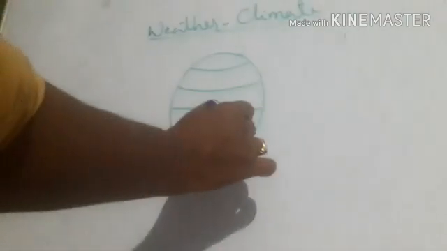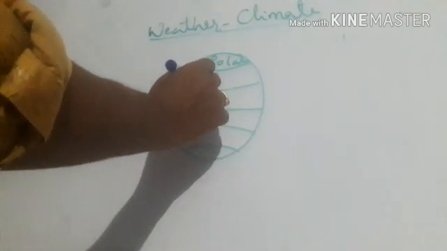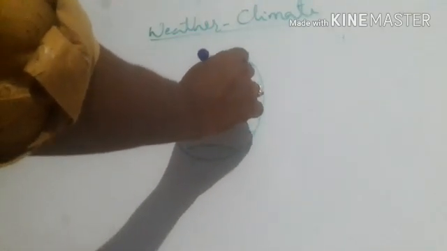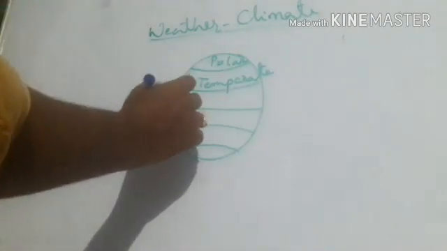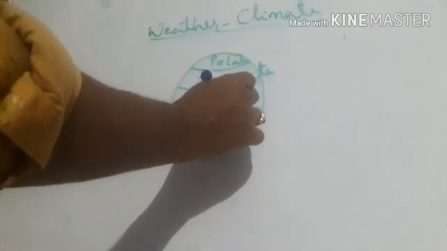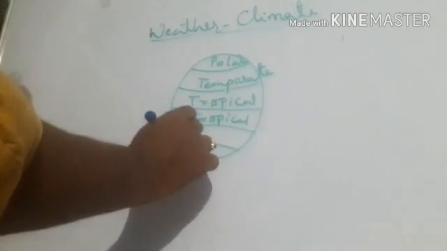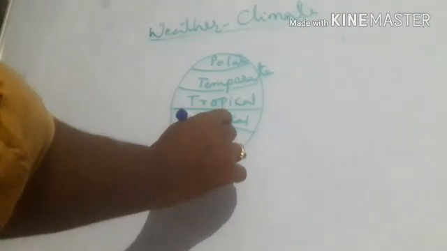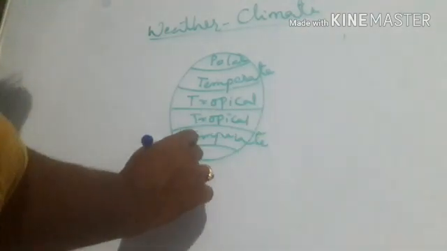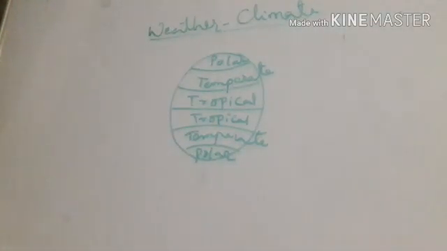First one is the polar region, next the temperate region, and next the tropical region, and again the same: tropical, temperate, and finally the polar region.